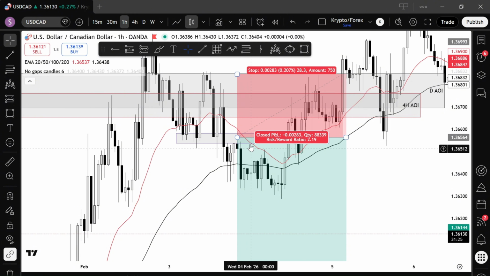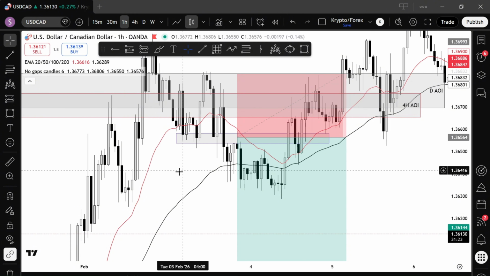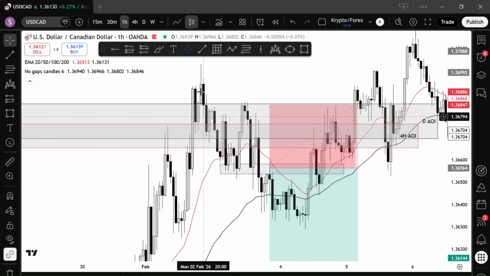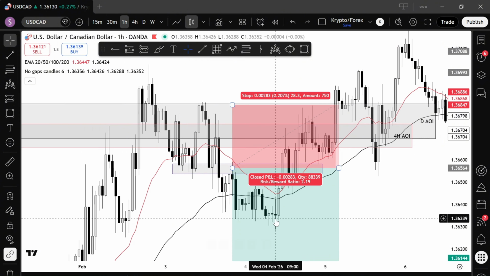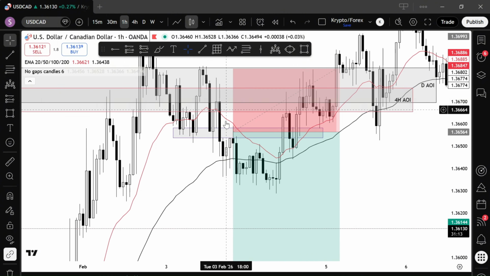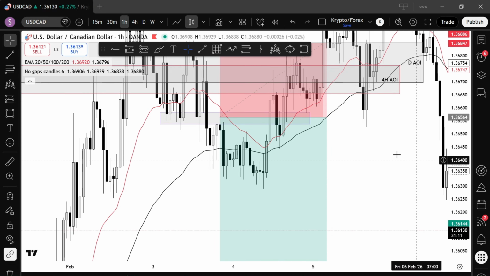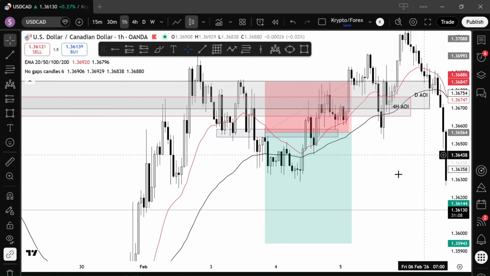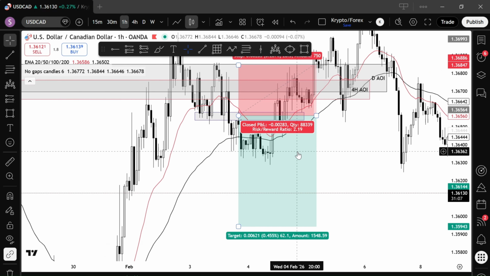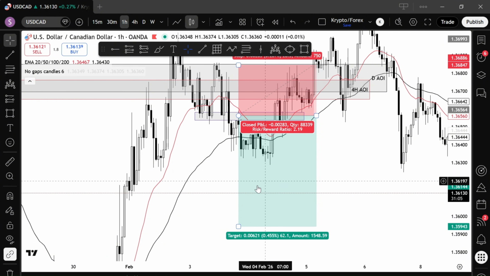So we got a little rejection of the neckline from the head and shoulders. The move already happened, like from up there to down there. I entered at a really bad time. I don't know why I entered this trade. And stop loss is way too big. Take profit is way too big.